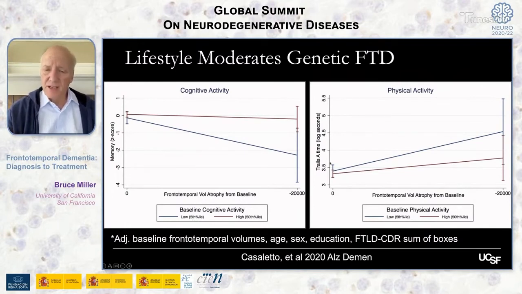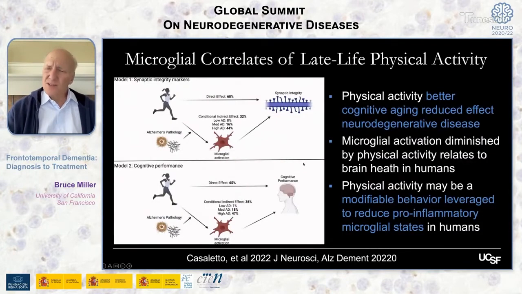Being cognitively active is important. Physical activity, again, if you are a very physically active individual, progression is much less likely than people in the low or 5th percentile.